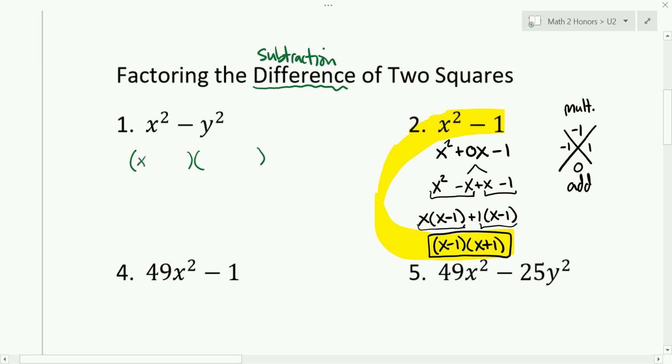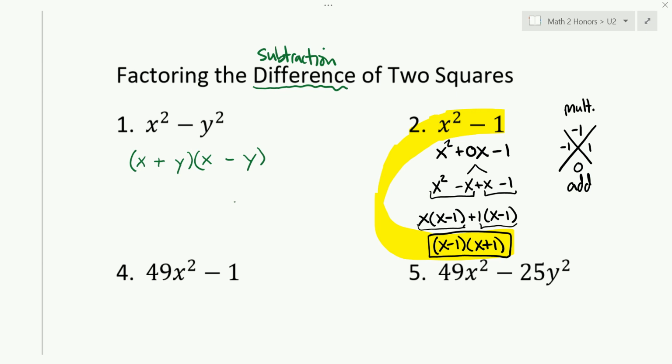Well, x times x. What times what is y squared? Y times y. One will have a plus sign and one will always have a minus sign. It's just the format. I'm not explaining why. If you want to know why that works, look at number 2 and do the process with number 2. So I'm just pointing out what to do for the shortcut.